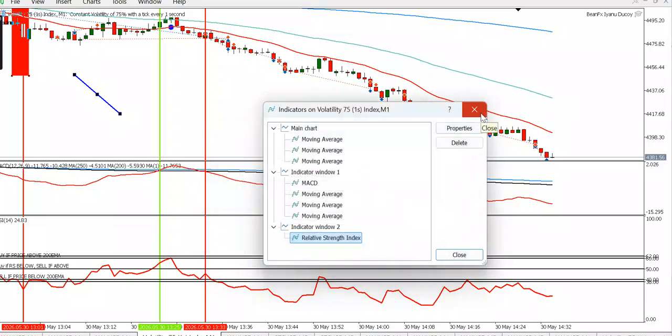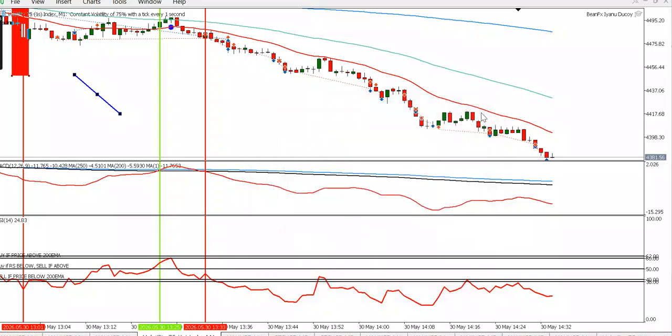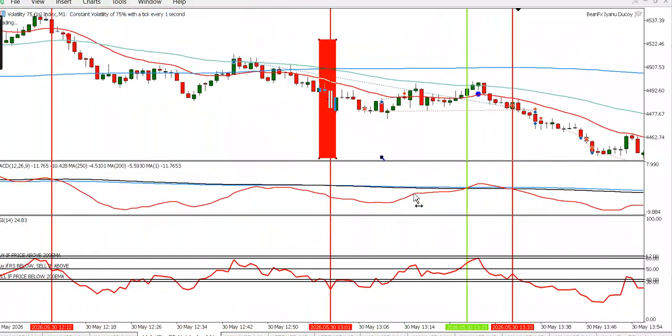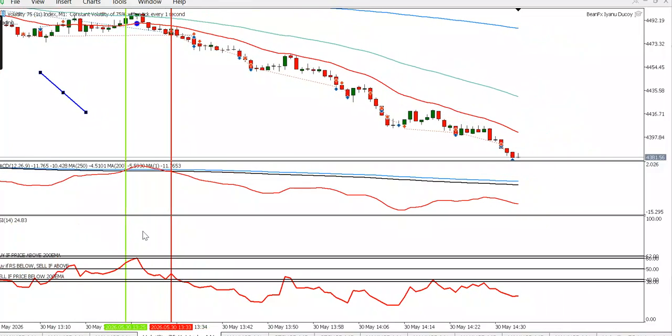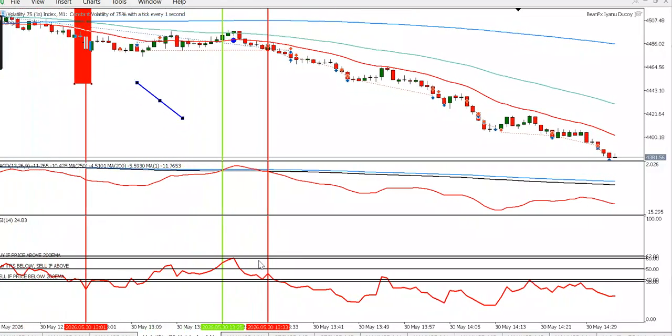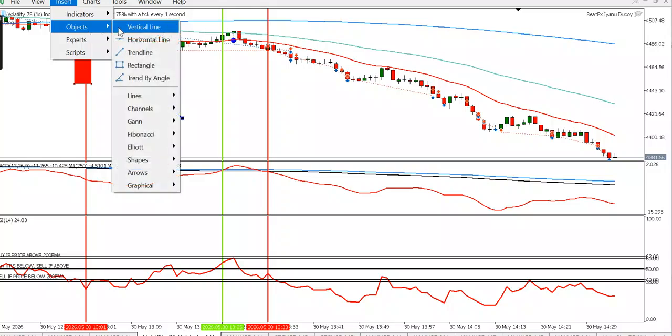How to use this is when this RSI line crosses below all the levels. As it's crossing below all the levels here, that's your sell signal.